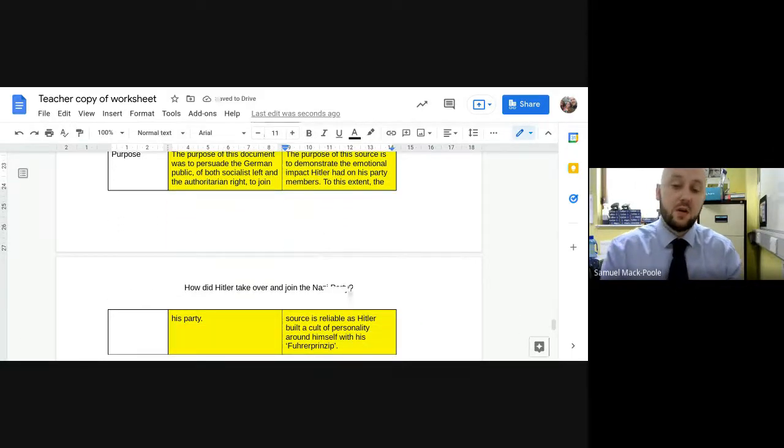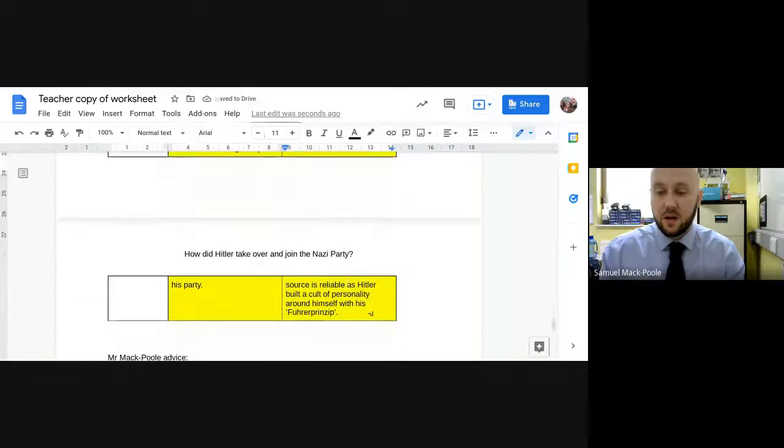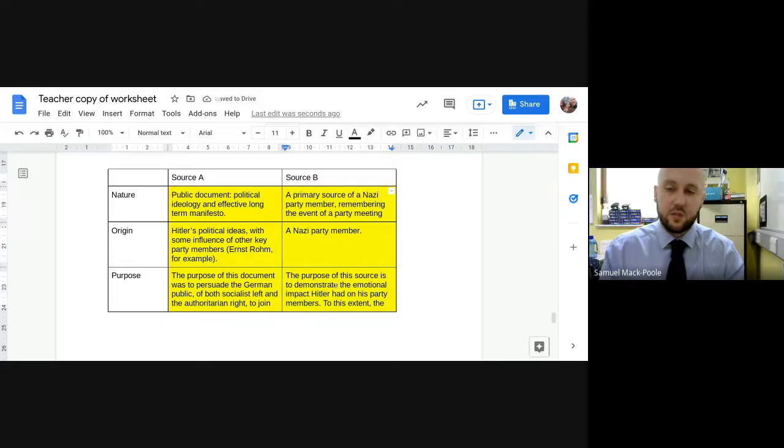As we know, this is contextual knowledge again, that Hitler built a cult of personality around himself with his Führer principle, his leadership principle. Now, he established this in 1926 at the Bamberg Conference. So for this reason, I think that the source is reliable because he's essentially preaching to the converted. He's making a speech to his own party members. They're obviously going to like what he's got to say. That kind of makes sense, doesn't it?